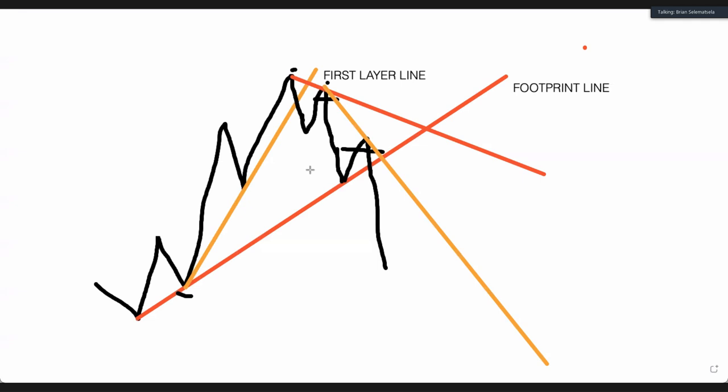Then it will just be a matter of waiting for the market to come and break that first layer. And immediately that first layer gets broken, all the sell trades that you took using the divergence, you leave them. There's no need for you to keep on holding on to them. You simply leave them.